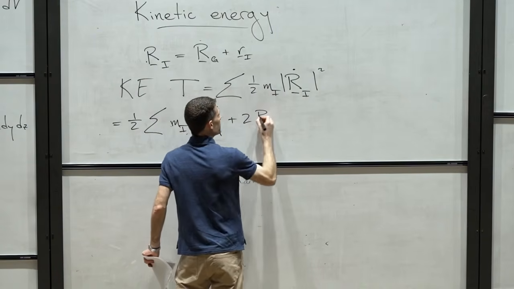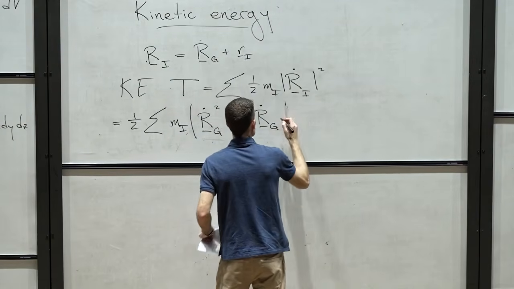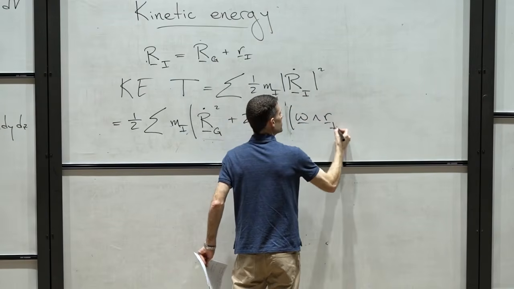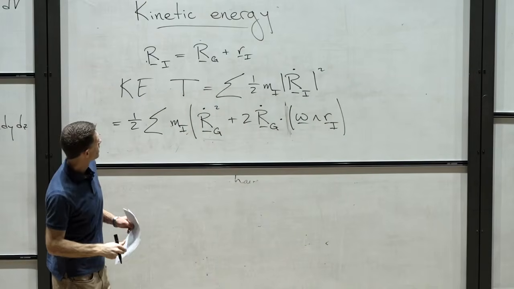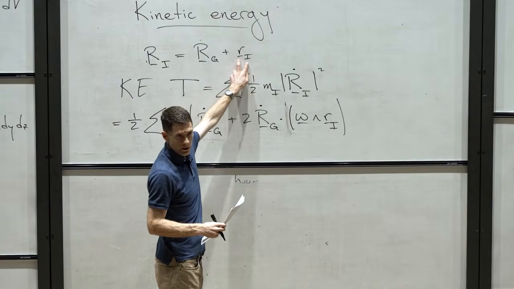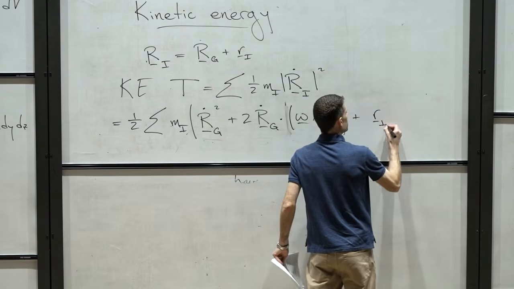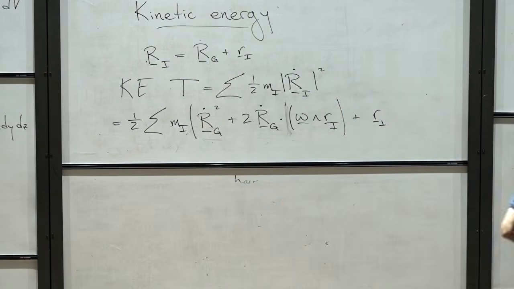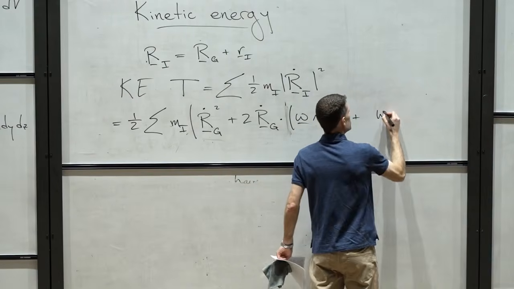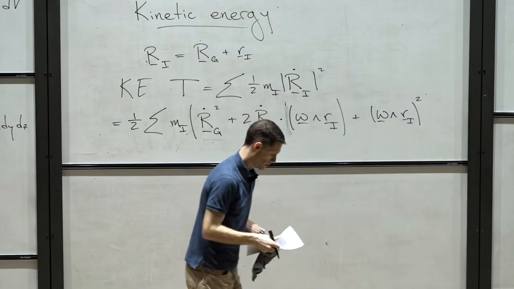I get 2 copies of R_g dot dotted with omega cross r_i. And then the r_i dot term has omega cross r_i dotted with itself, so plus omega cross r_i dotted with itself. Let's write that as squared.